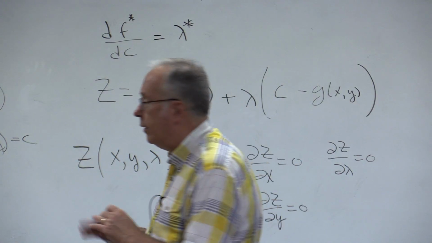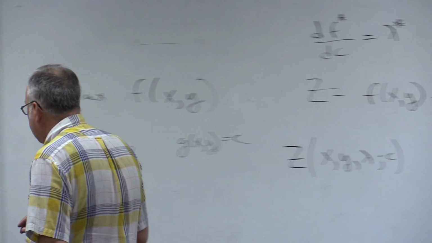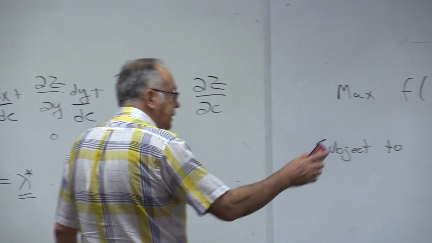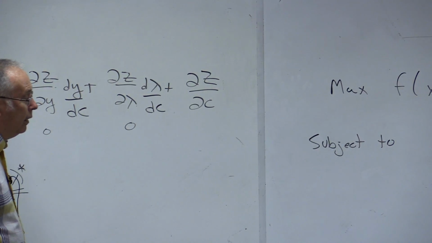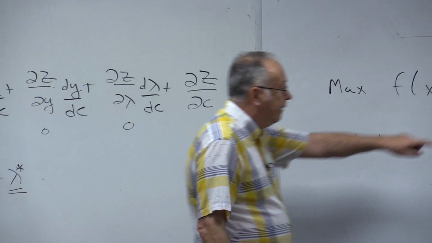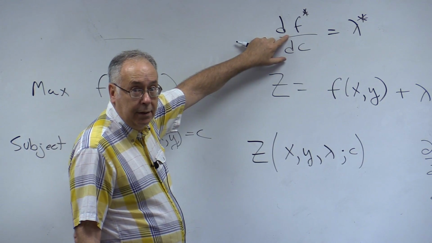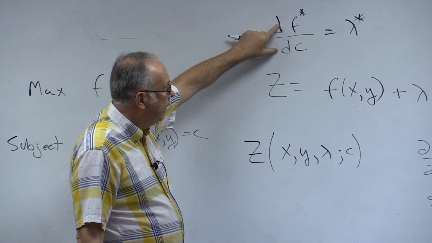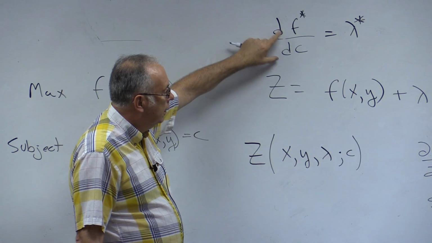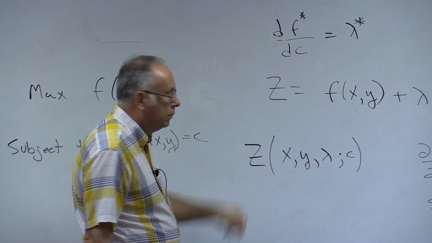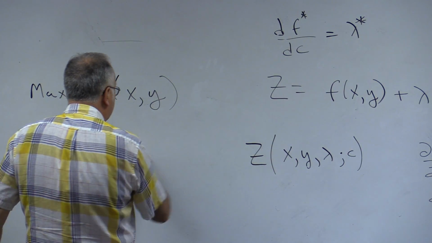Okay. Let me give you another simple example. In this case, if C is income, and F is utility, then lambda star would just be the marginal utility of income. So I'm justifying that statement I earlier gave you about lambda star. I'm deriving it mathematically.